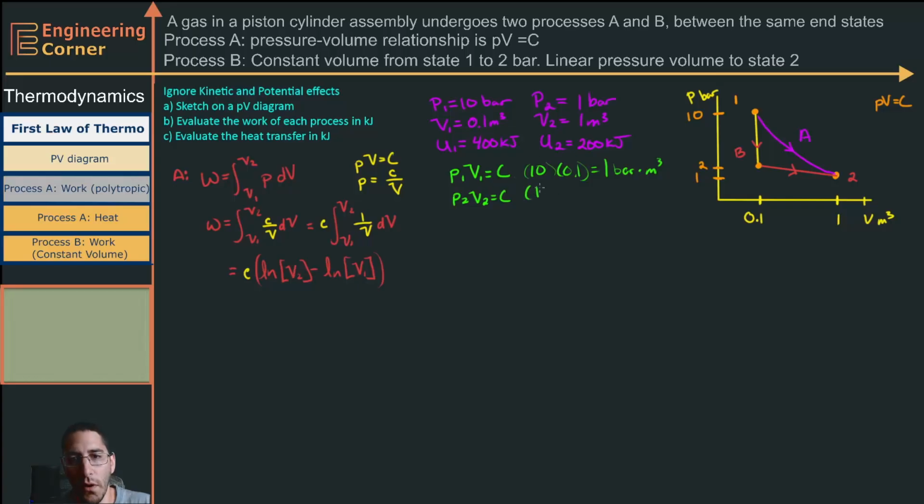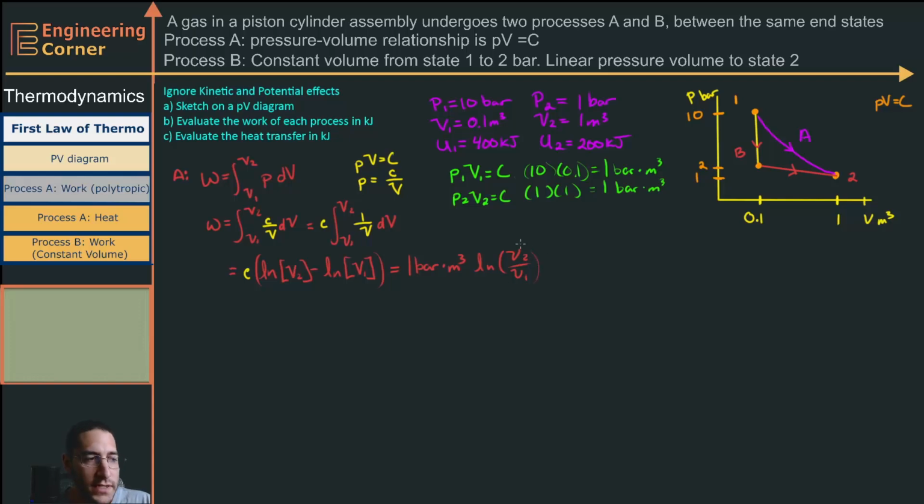If we do it the other way, 1 bar times 1 meter cubed, we get 1 bar times meters cubed. So it doesn't matter which one we choose. All that matters is we do need to pay attention to the units. So we get 1 bar times meters cubed, and we can simplify this to the natural log of V2 over V1.